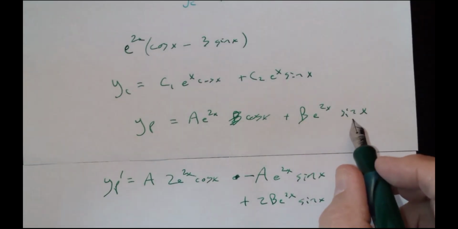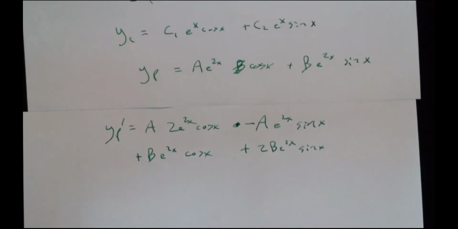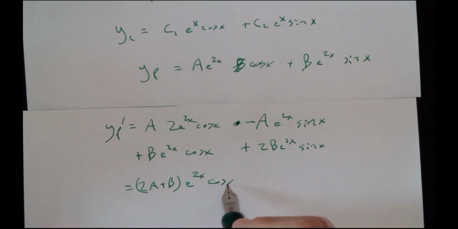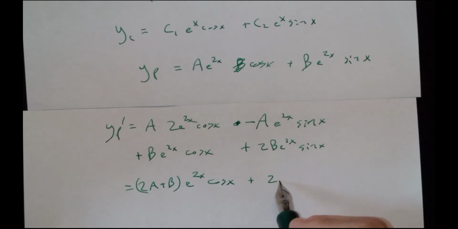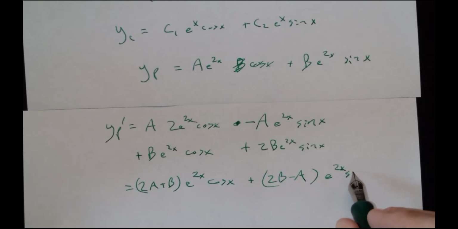When I do the derivative of sine, I get cosine. So I'm going to get plus b e to the 2x cosine x. And now if I gather these, I have 2a plus b e to the 2x cosine x plus 2b minus a e to the 2x sine x.